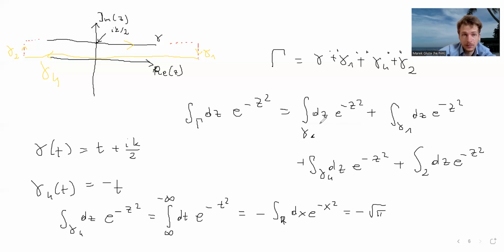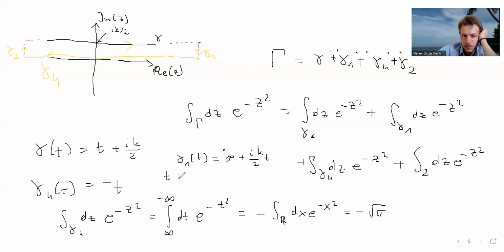Another thing is that gamma 1 and gamma 2 are at infinity. So symbolically, gamma 1 of t, the parametrization, would be infinity plus the interpolation between ik over 2 and basically going down towards 0.